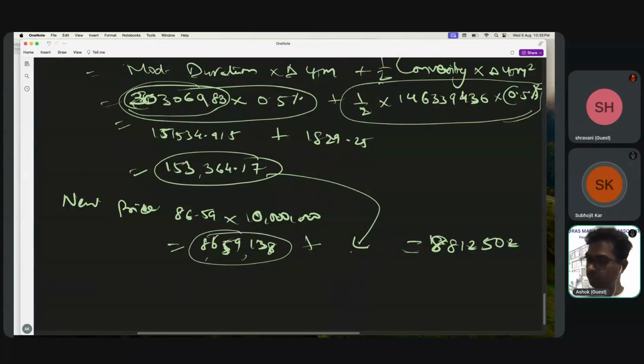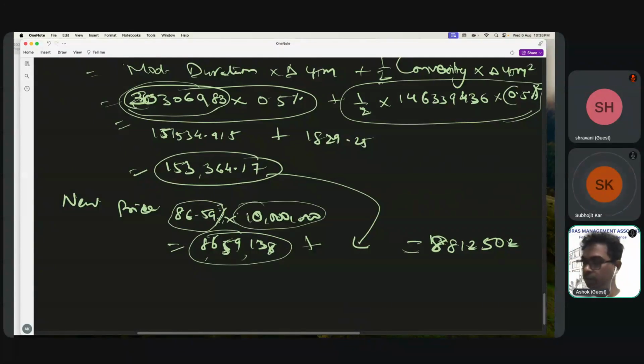The original price, 86.59 into 10 million, is like 865 million. That's what I'm getting. No, this is percentage. Yeah, because if the price is 100, it is trading at 86.5. This is the total par value.